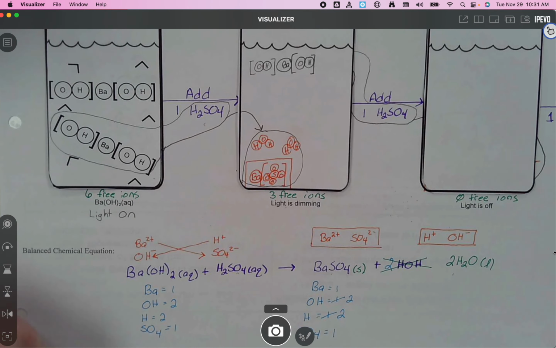So we have some leftovers. And we have the 6 water molecules we had before that were doing the dissolving, and a few extras that came because we added some sulfuric acid that was aqueous.